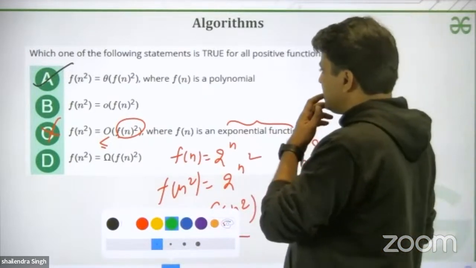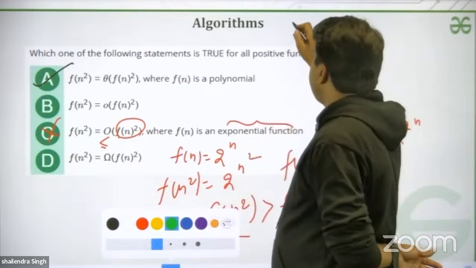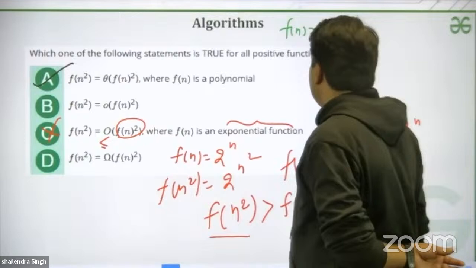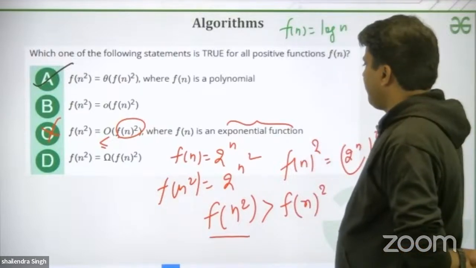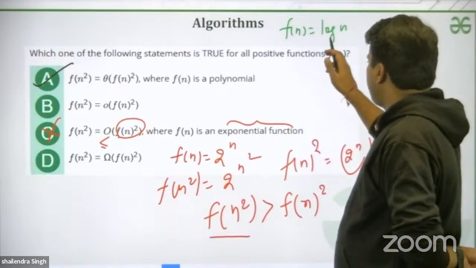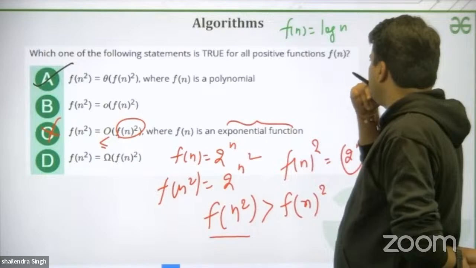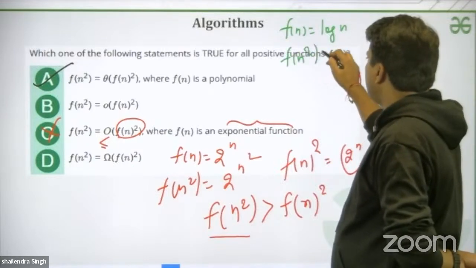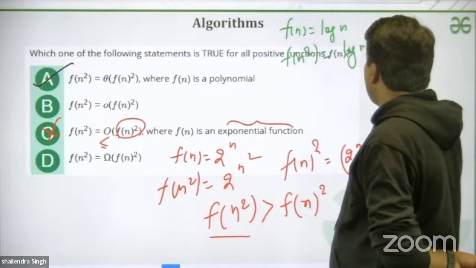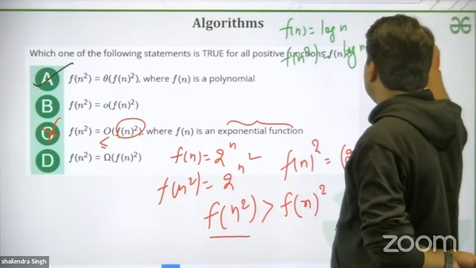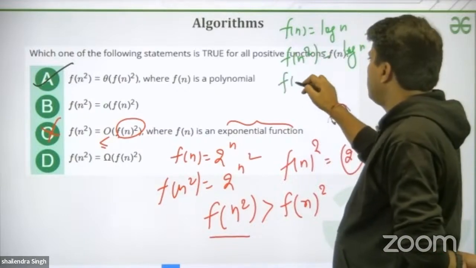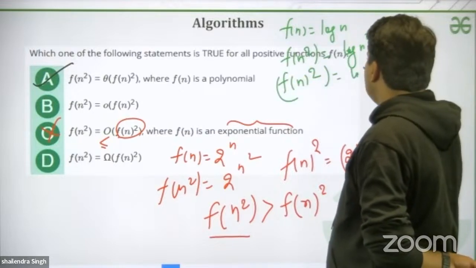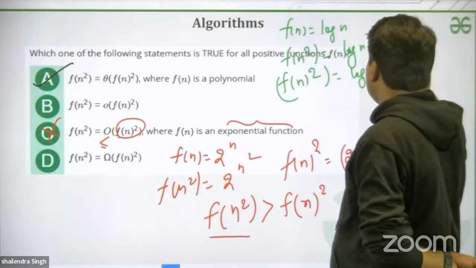Option B is saying small o. Students, let's take one more function, f(n) equals log n. Then f(n²) equals log of n², which will be 2 log n, since the power comes out of the log. And (f(n))² equals log n into log n.